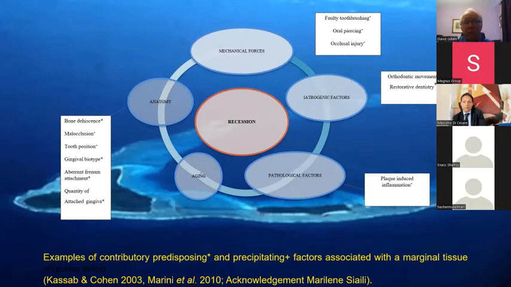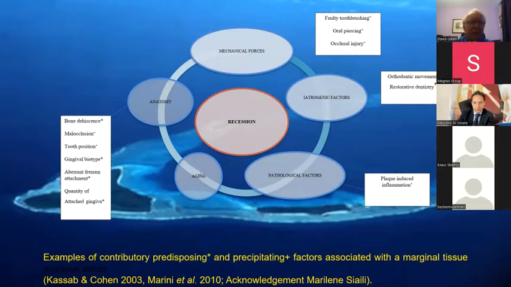Orthodontic movement can impact. Sometimes simply putting rubber dam clamps, matrix bands aggressively can cause temporary issues. Faulty toothbrushing by the patient, which needs to be corrected. And as you know now, people are using oral piercings more, on the tongue, the lips, and even on the gingiva. So again, they could impact on that.